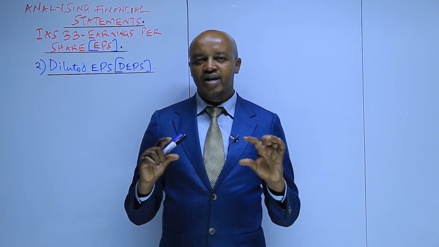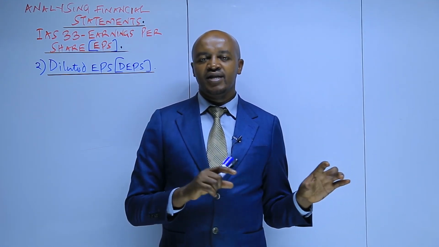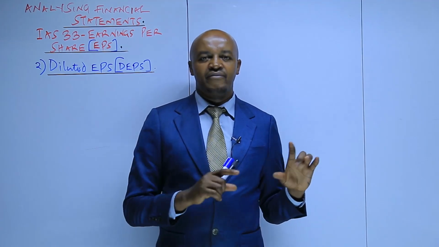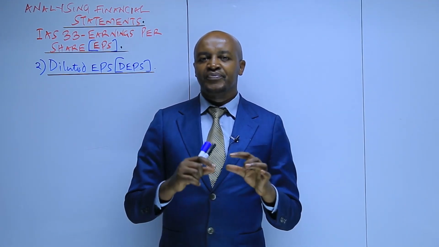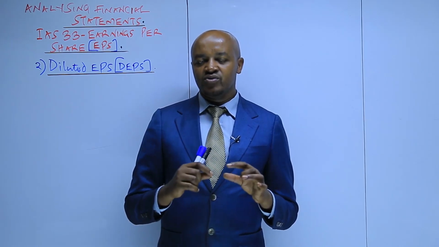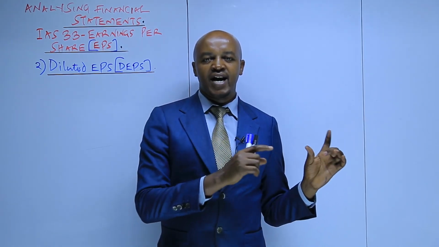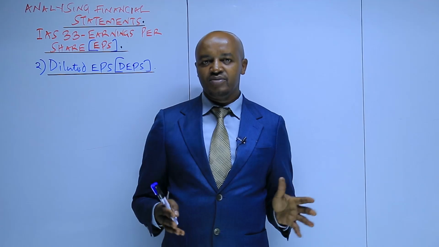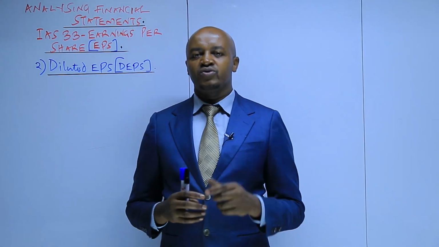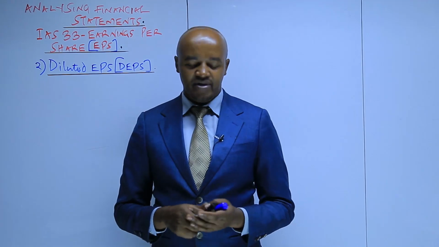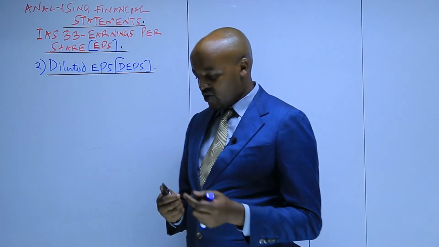Therefore, International Accounting Standard number 33 requires any company having potential ordinary shares to compute diluted earnings per share and disclose that as part of the notes together with the basic earnings per share. So it is important to note that diluted earnings per share is only computed by those companies which have potential ordinary shares.